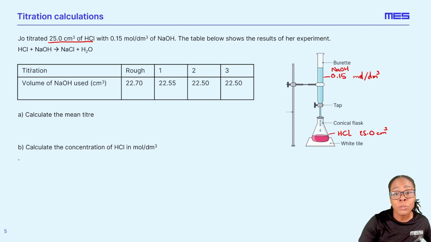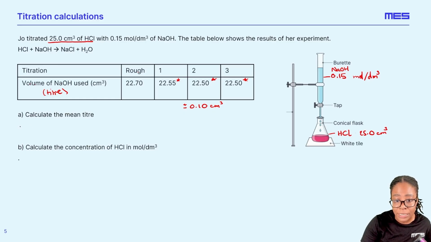Now we're going to carry out our titration, and with our trials, our rough trial and then our 3 dropwise ones, our accurate trials, we determine the titer, which is the volume of sodium hydroxide used. If we now want to calculate the mean titer, of course, we're only going to use our concordant results. And actually, all 3 of these are concordant results because they are all within 0.10 centimeters cubed of each other.